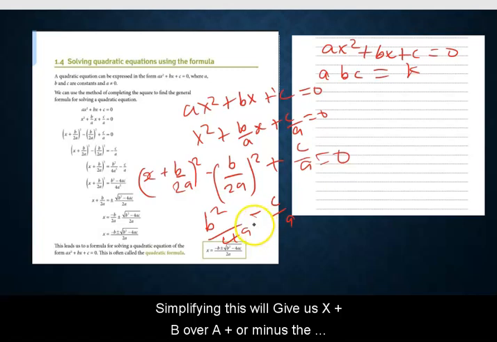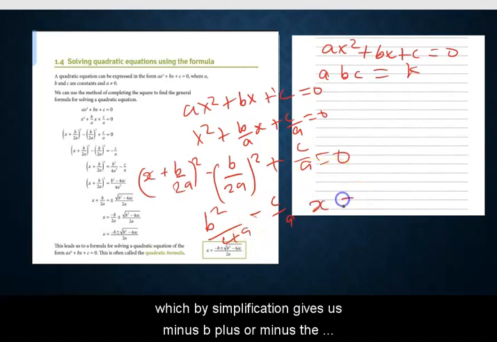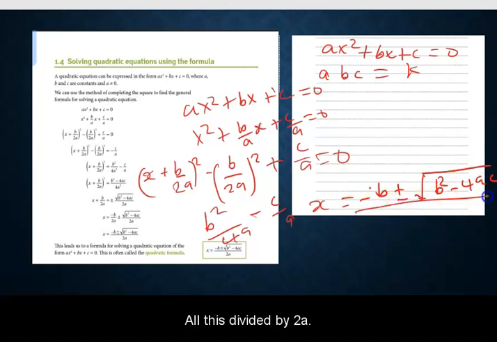Simplifying this will give us x plus b over 2a equals plus or minus the square root of b squared minus 4ac, which by simplification gives us x equals minus b plus or minus the square root of b squared minus 4ac, all divided by 2a.